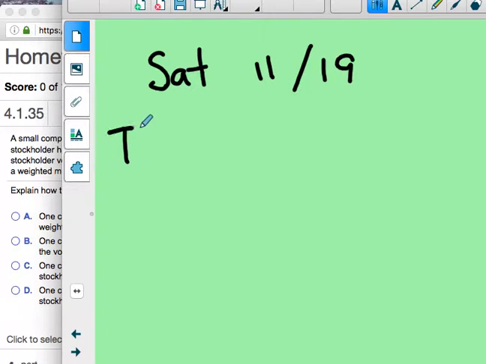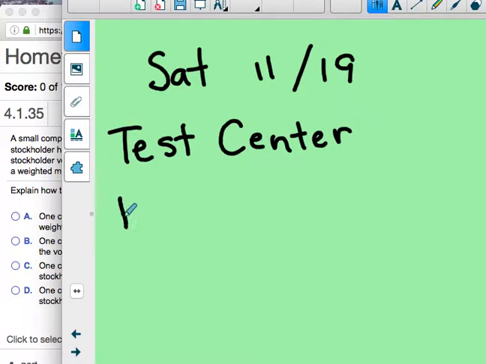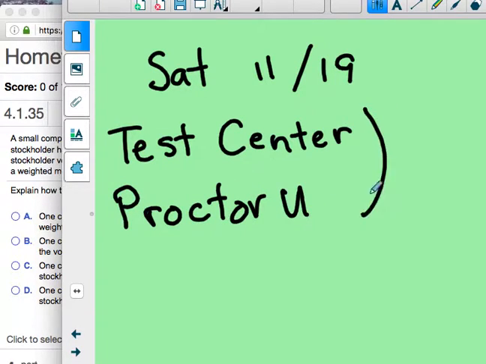At the testing center, you have to make an appointment ahead of time, and you can check to see what their hours are. If you're going to use ProctorU, again, you still need to make an appointment. I believe both of them have about a 72-hour lead time. Either one of them is fine. Just make sure that you make your appointment ahead of time.